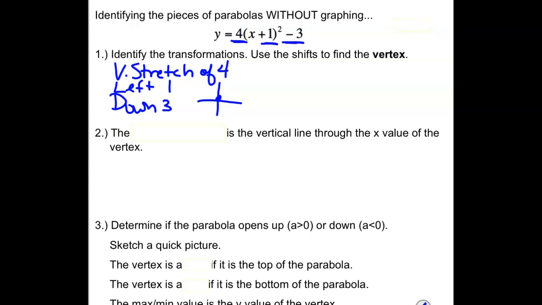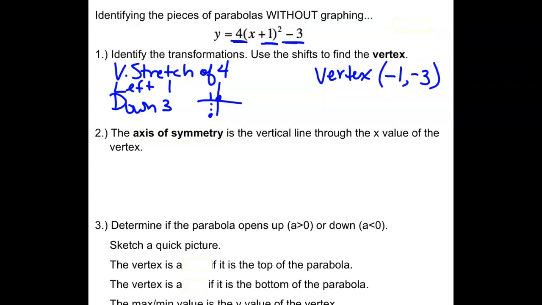But I am going to move it left 1 and down 3. So my vertex now is easy to find. I've moved it left 1, so my x-coordinate is -1, and I've moved down 3, so my y-coordinate would be -3.